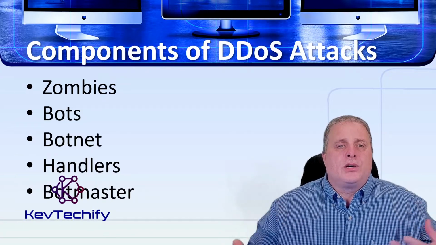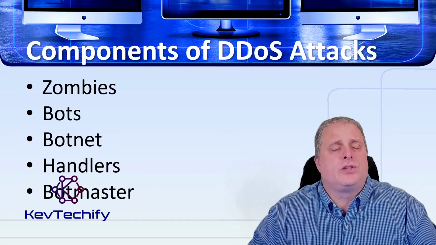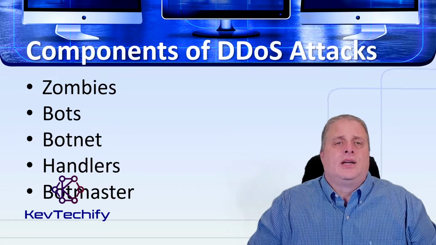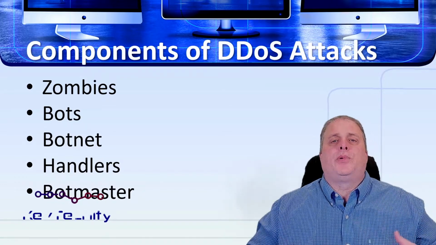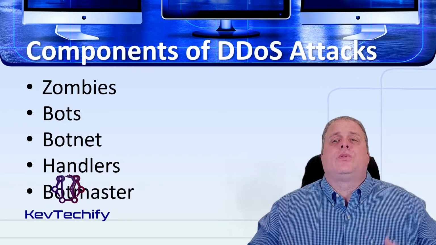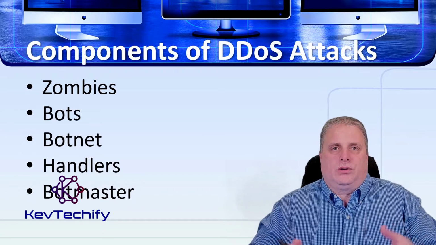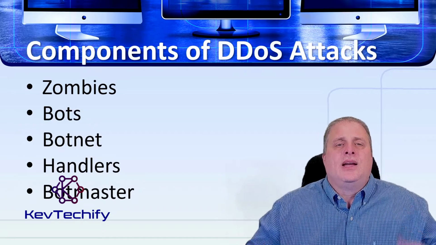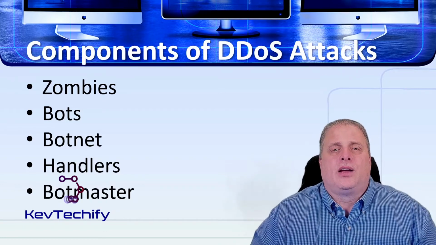Now, there are some terms you need to be familiar with when you talk about the different components of a distributed denial of service attack. Zombies. This refers to a group of compromised hosts, and they're typically referred to as agents here. These hosts run malicious code referred to as robots, or if you shorten it down, bots. The zombie malware continually attempts to self-propagate like a worm.